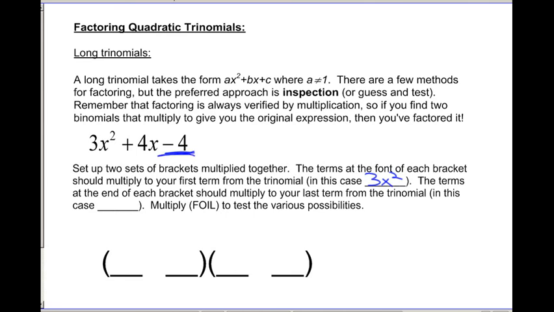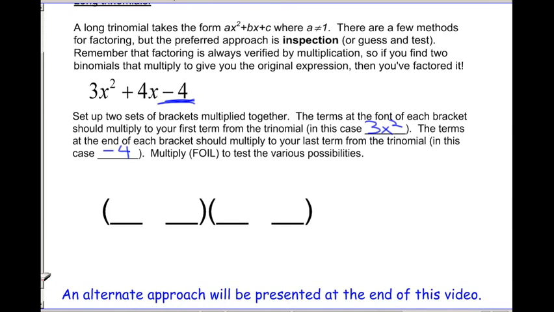So the last term of our trinomial would be -4. So I did that just below. I set up two brackets, and what I'm saying is that the numbers that go in here multiply to 3x squared. The numbers that go at the end of each bracket multiply to -4.